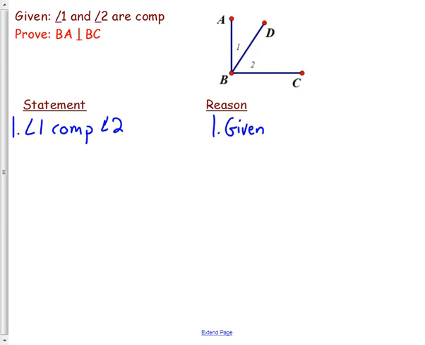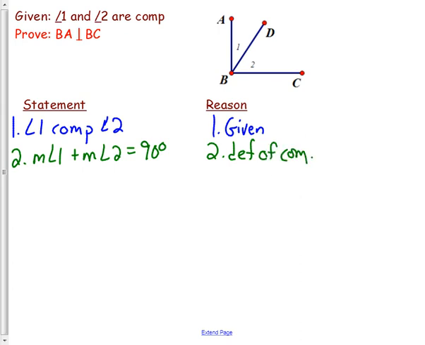So we go through, what does it mean to be complementary? Well, it means that the measure of those two angles add to be 90. So we will say that measure of angle 1 plus the measure of angle 2 equals 90 degrees. That was our definition of complementary.